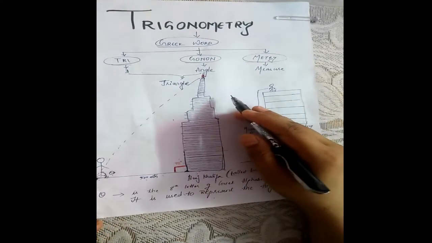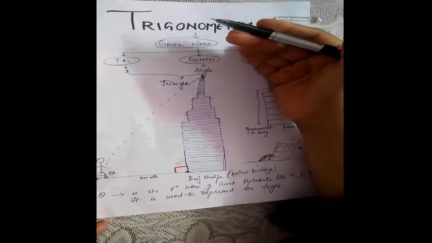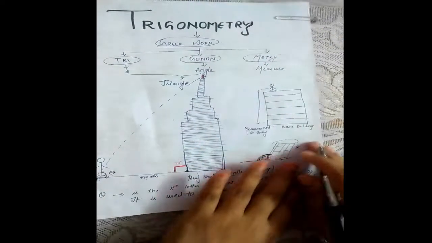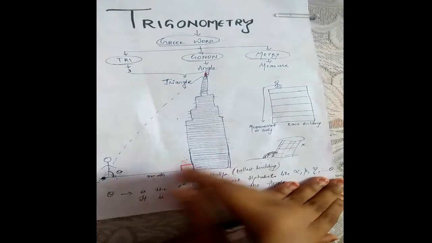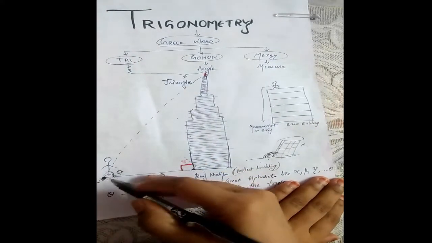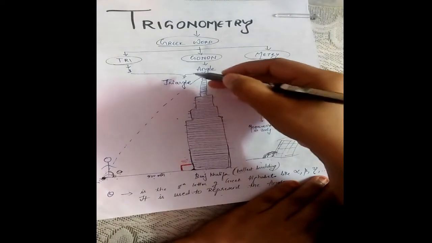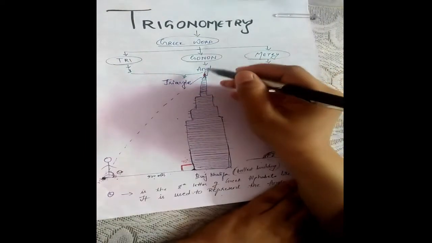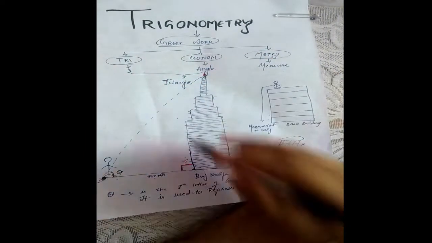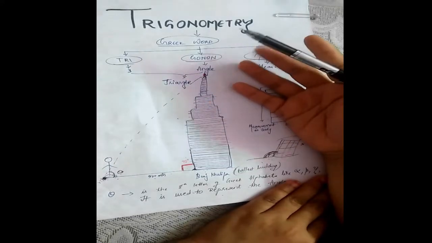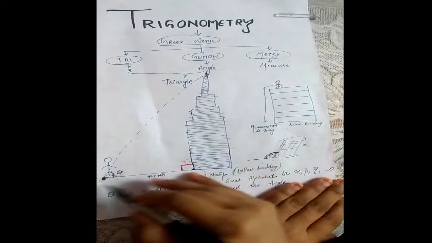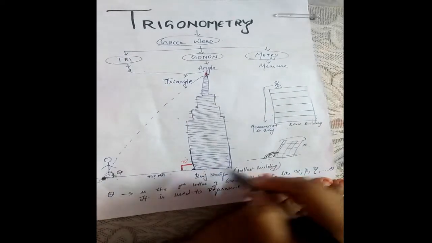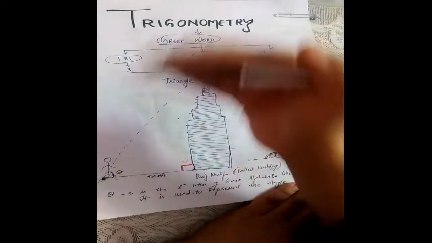So for that purpose, what is used is trigonometry, where a person standing down in front of the gate 500 meters away can measure the height of the Burj Khalifa based on the trigonometric ratios, the angles and the length and breadth here. So that is the most important usage of trigonometry.